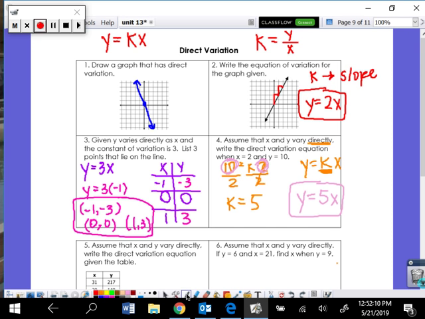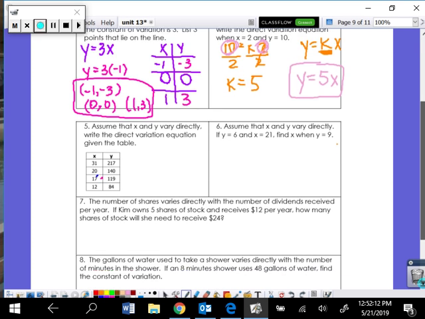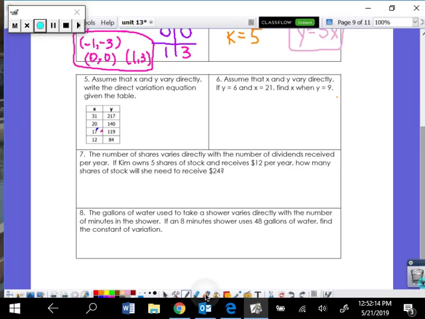Go down 4 more. So number 5, it says assume that x and y vary directly. Write the direct variation equation given the table. So this is direct variation. To find k, we want y divided by x.